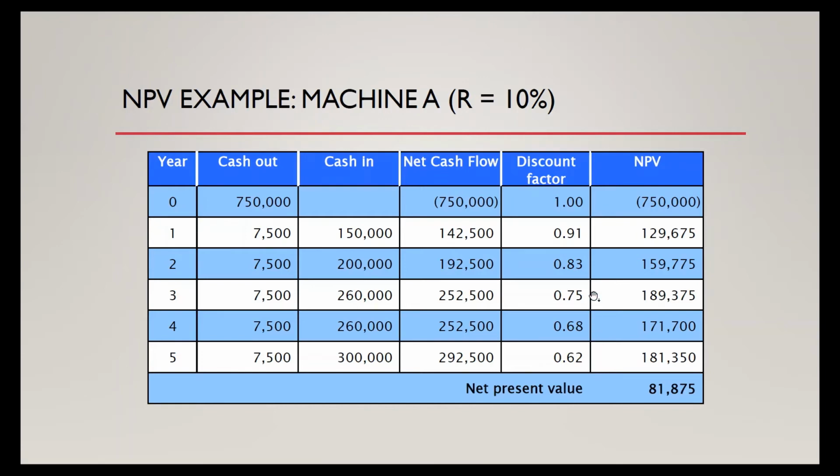In order to get this 0.91 for the discount factor in the first year, we take this 1 and then we divide by 1 plus 10%. Or another way of saying this is this 1 here divide by 1.1. Then this will give you 0.91.